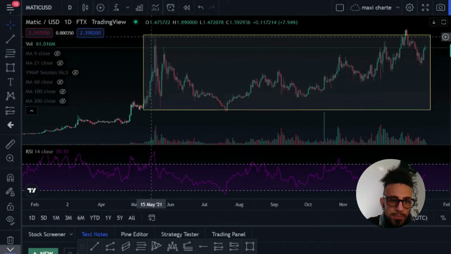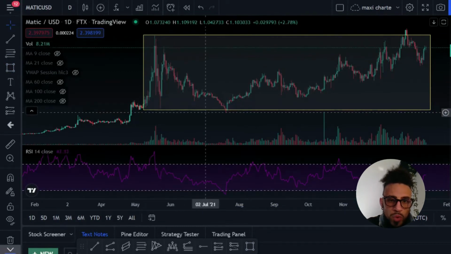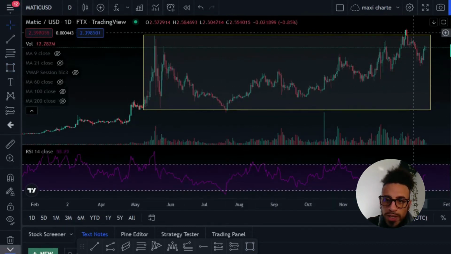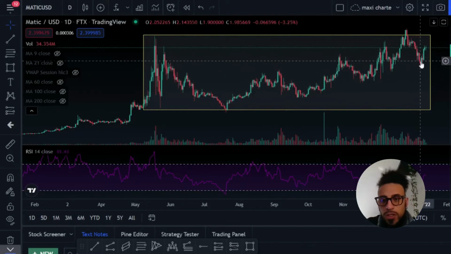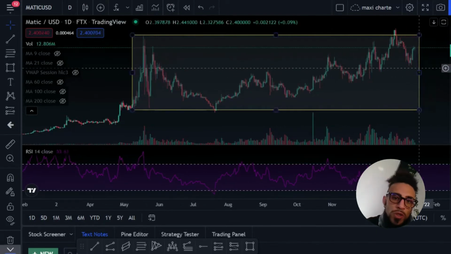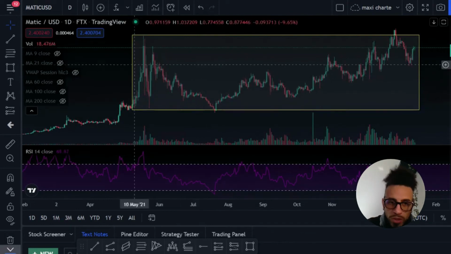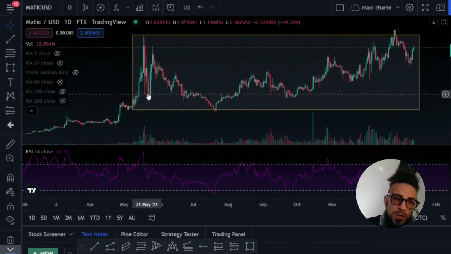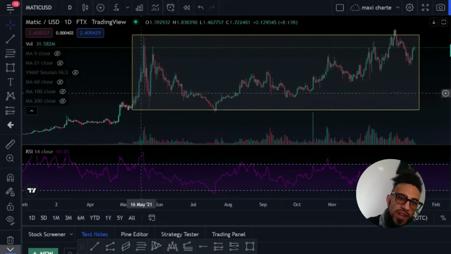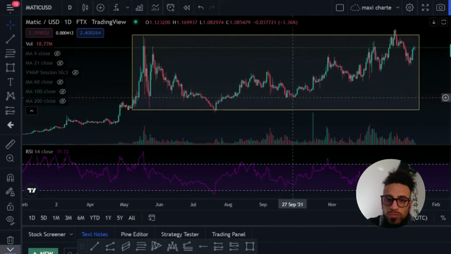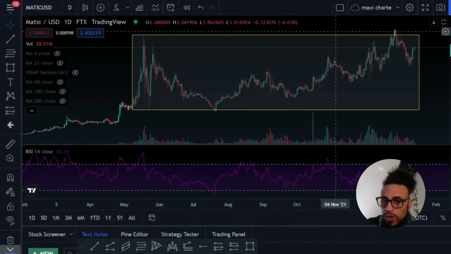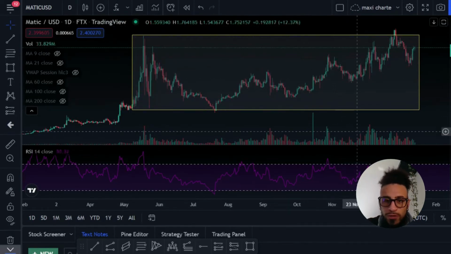We got a swing high, a swing low, another swing low, another swing high, grabbing liquidity because it slightly breaks out and it quickly drops back inside the range. So this could be considered the range within which the price action is going to fluctuate for a given period of time before it breaks out of it, whether that be to the upside or to the downside, right?